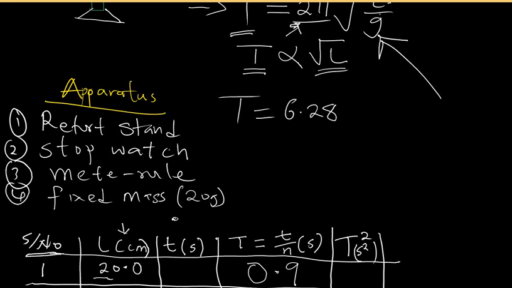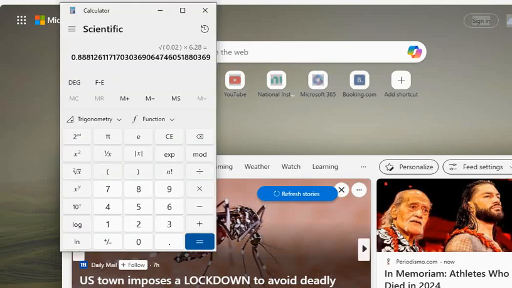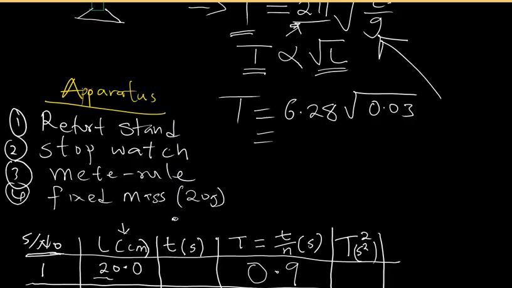That is 0.3 divided by 10, which is 0.03. So the square root will be of 0.03. In this case, the calculator will help us do this work.